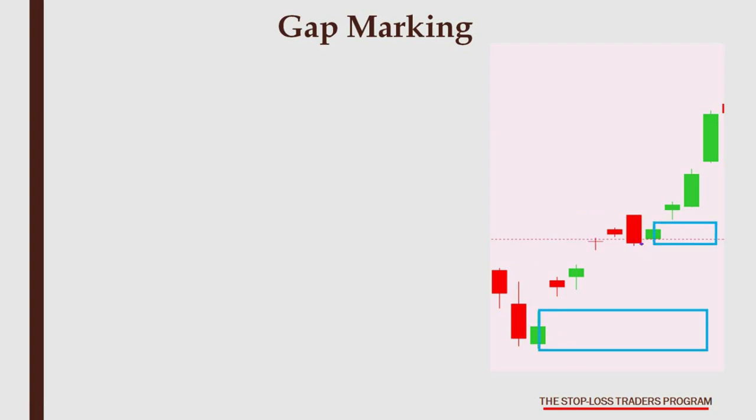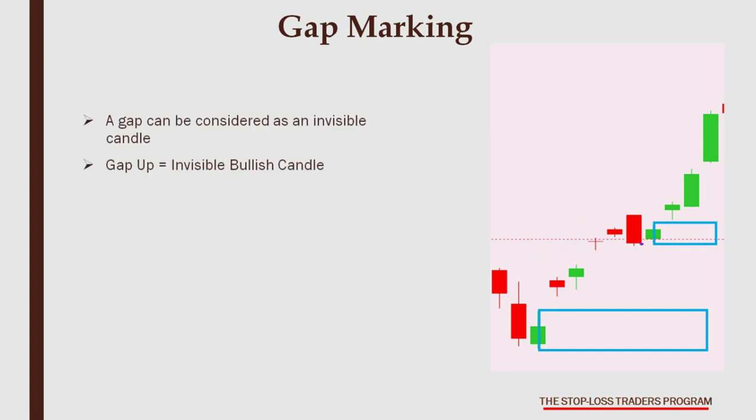So how I'm marking here is I have a base. Now the base color can be anything. It can be red, it can be green. In this case it is green, so the open is below the close. I'm marking it from the close because I want to cover the complete body, and I'm marking it till the lowest wick. That is the body to wick style of marking.